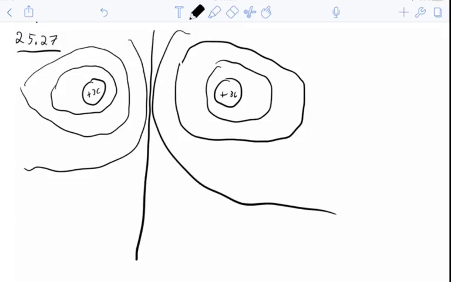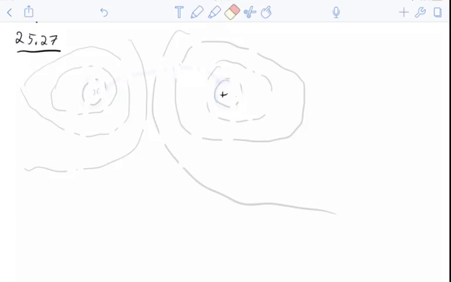Is that right? Yeah, I think that's right. Anyway, moral of the story is this surface and this surface both have the same potential, but you can't get from one to the other. All right, well, anyway, that's that answer.